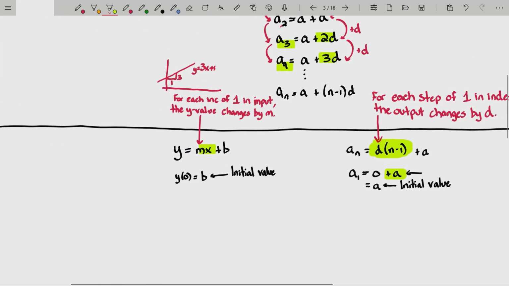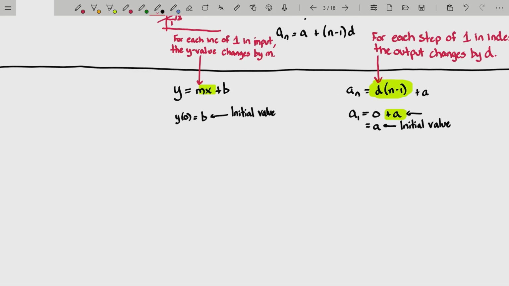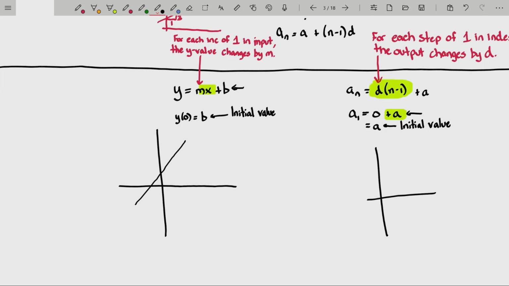So that's the only reason why that n minus 1 is there, is because we basically are shifting our linear function over to start at 1. Remember your transformations of functions? So if I had y equals 3x plus, let's just say, 1, it would look like that, right? In this case, if I want my first output to be 1, I need to shift that function 1 unit to the right.